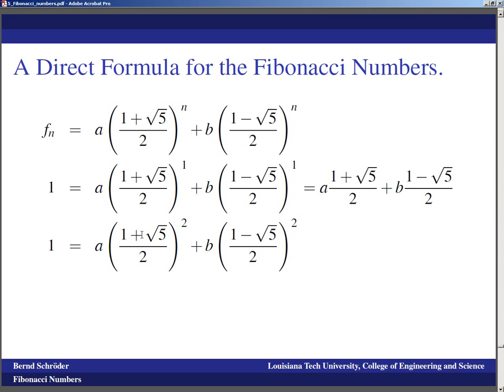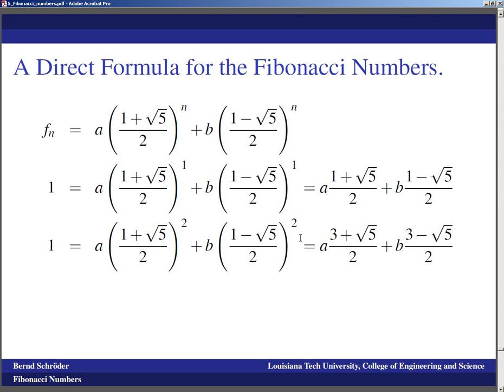I get 1 plus 2 times root 5 plus 5. And so that would be 1/4 plus root 5 over 2 plus root 5 over 4. And root 5 over 4 plus 1 over 4 is 6 over 4, which is 3 over 2, and then it adds up to (3 plus root 5) over 2.